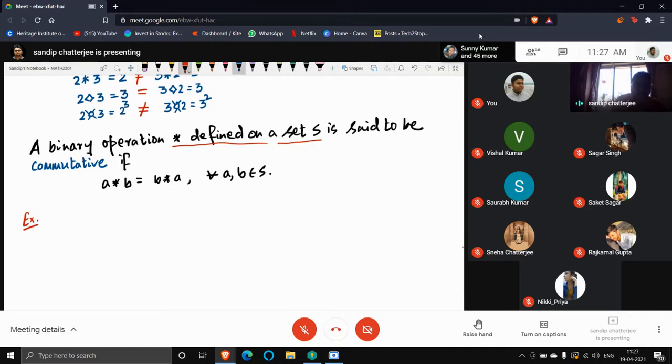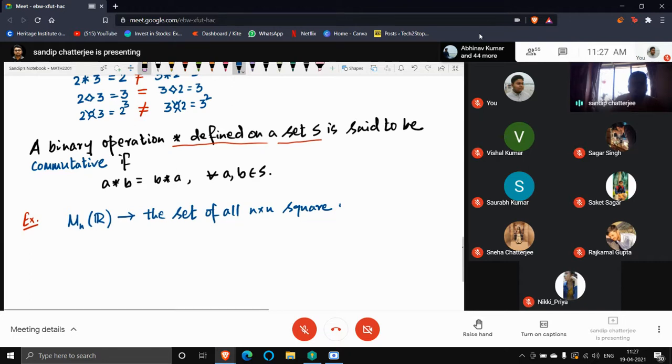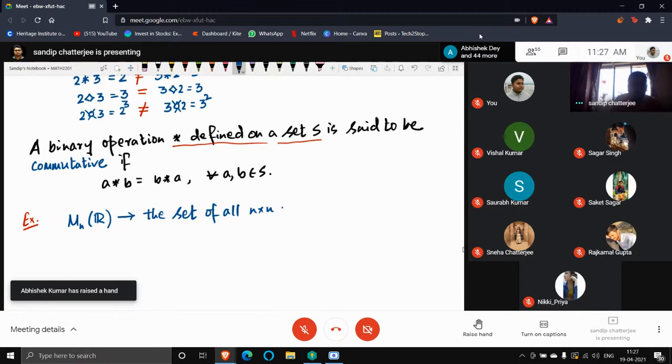My set is the set of all square matrices, which I am denoting by M_n(R), means the set of all n by n real square matrices, whose entries are all real numbers.